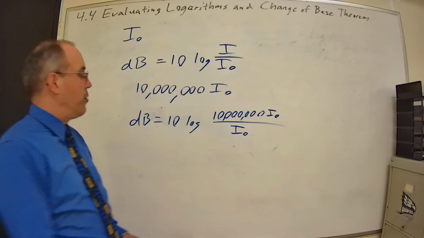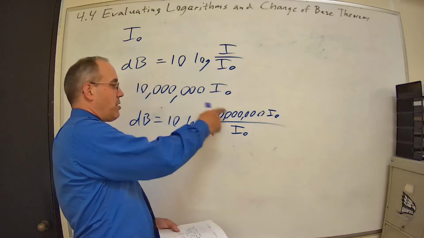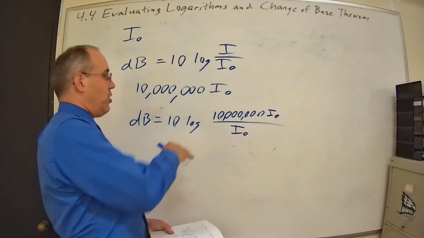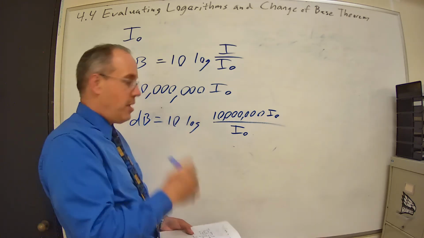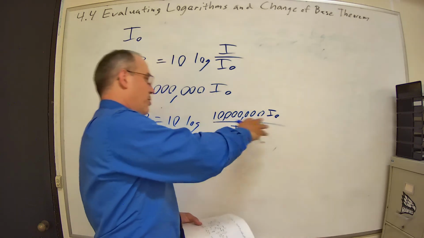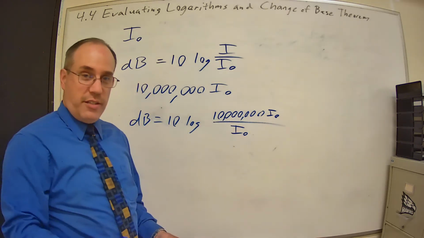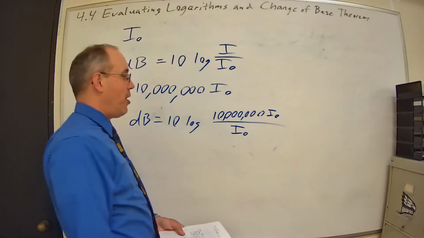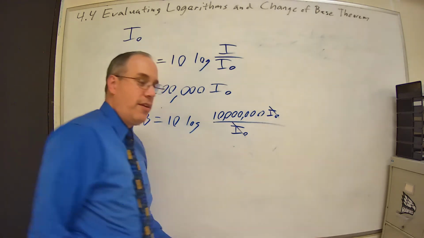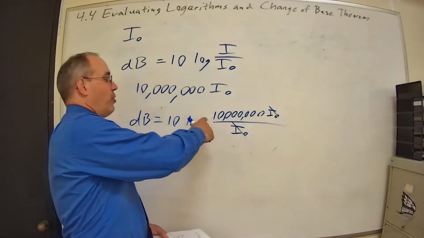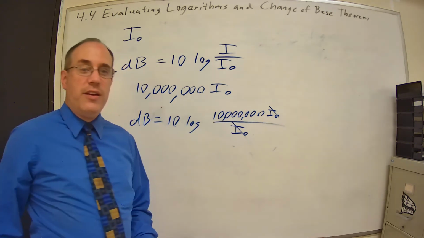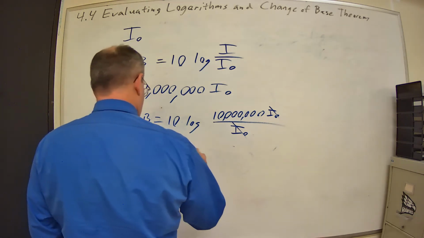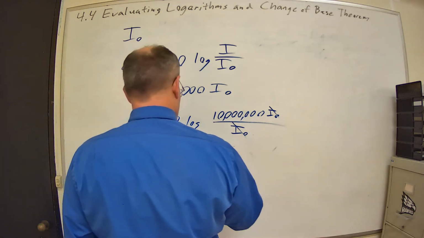Now at this point, we may have looked and said, well, we've got a log of a quotient, so can't we just break that up into 10 times the log of 10 million I0 minus the log of I0? We could, but we probably also noticed, why don't we just cancel those? Right? Our intensity level was written in terms of the threshold intensity, so it just cancels out. So we're left with 10 times the log of 10 million.